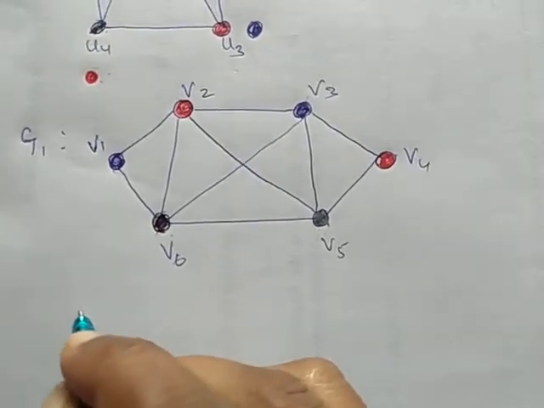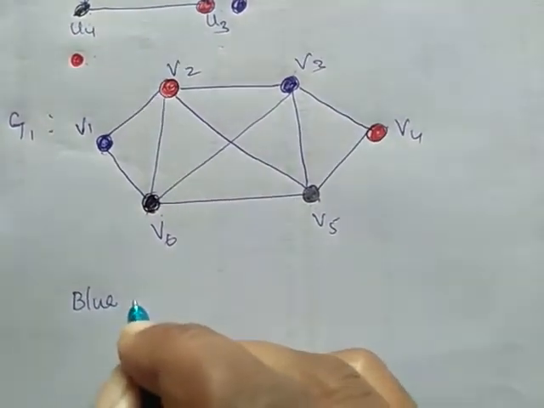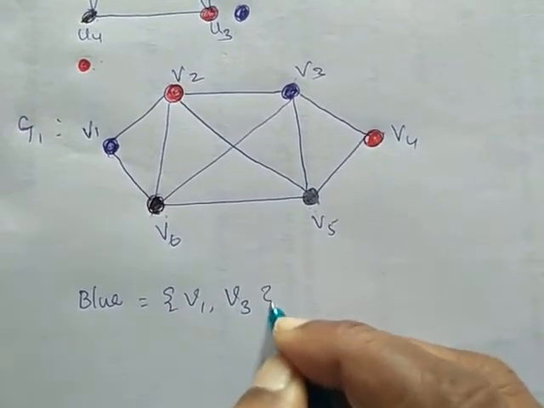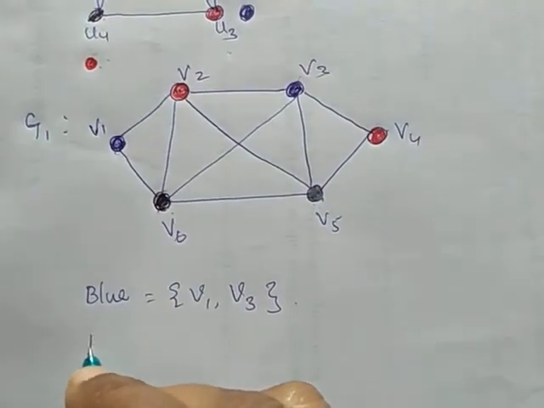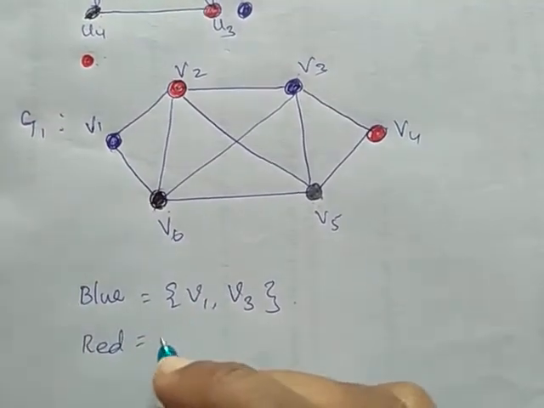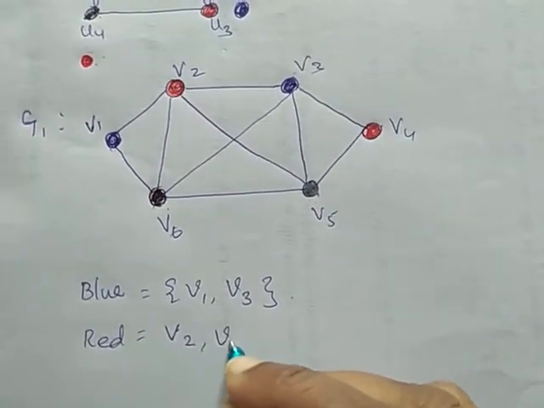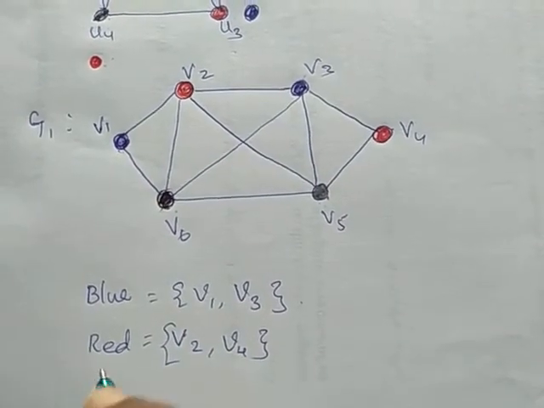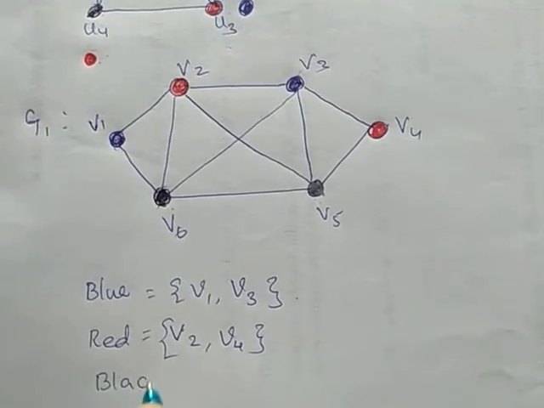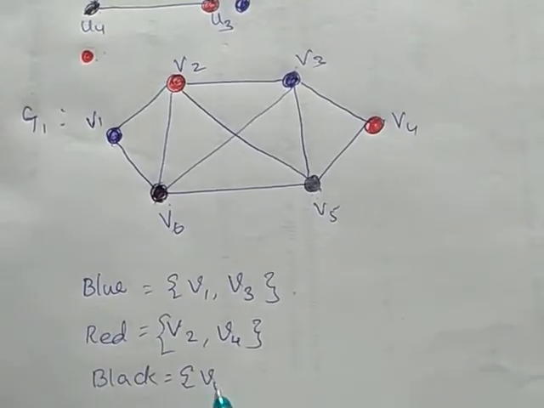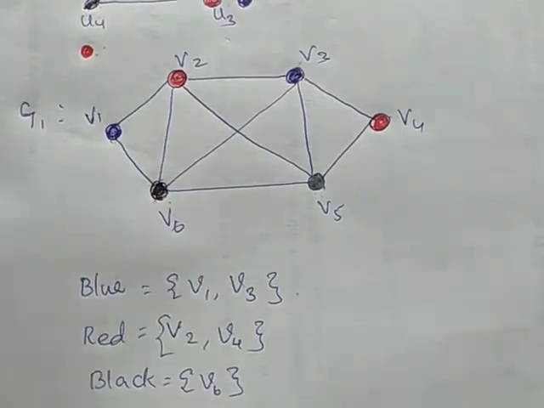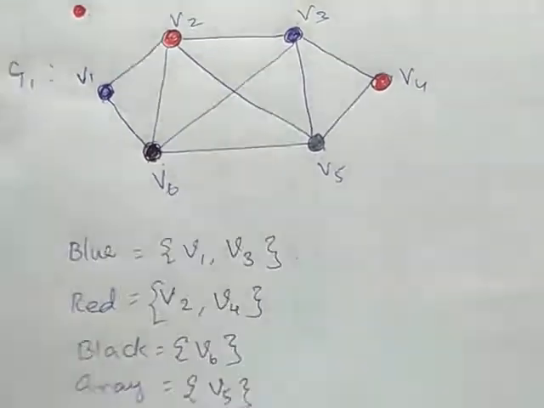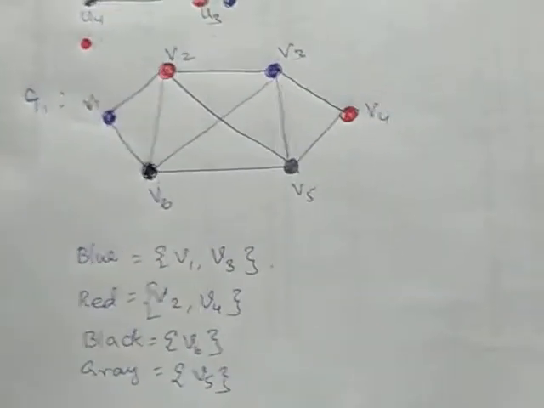That is, for blue we have V1, V3. For red, we have V2, V4. For black, we have V6. And for gray, I have V5. This is one way of coloring the graph.